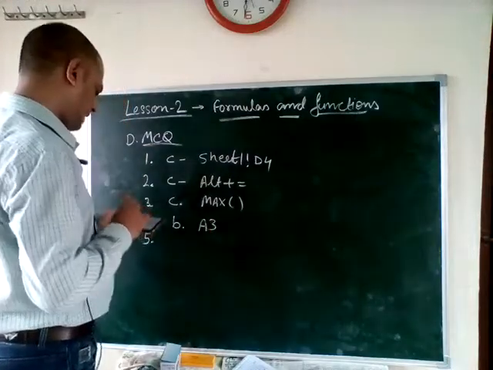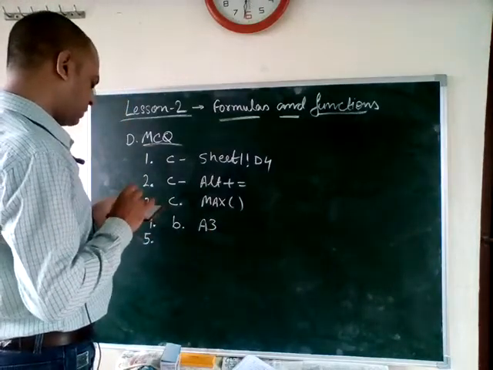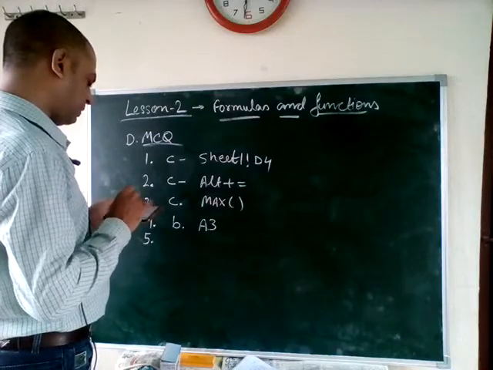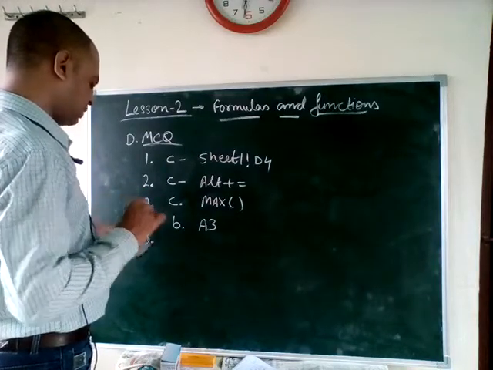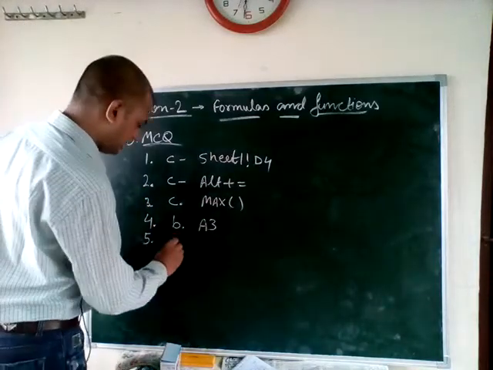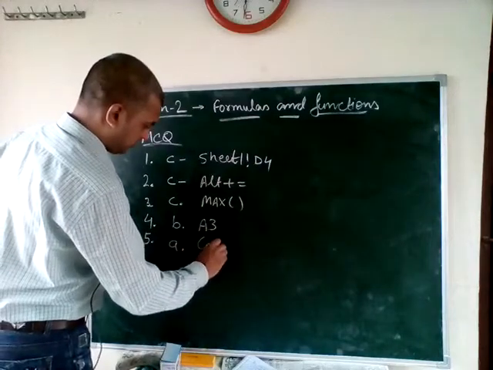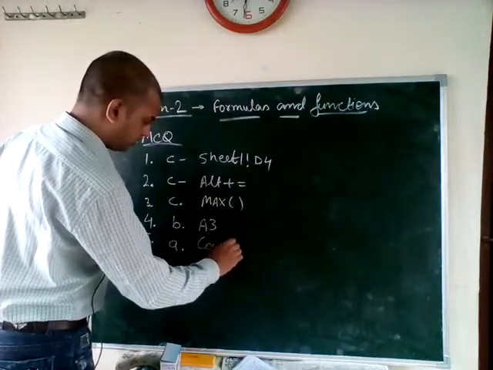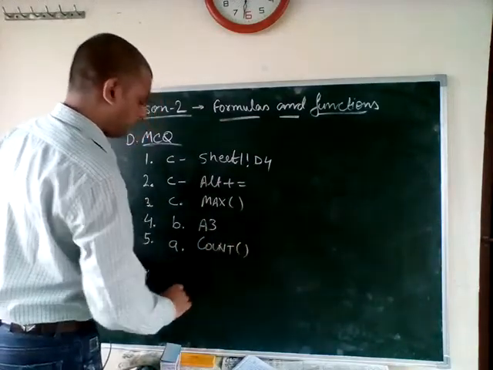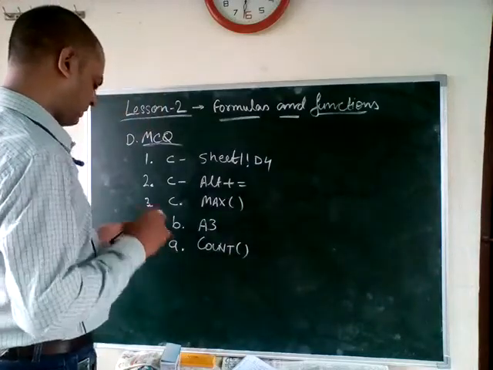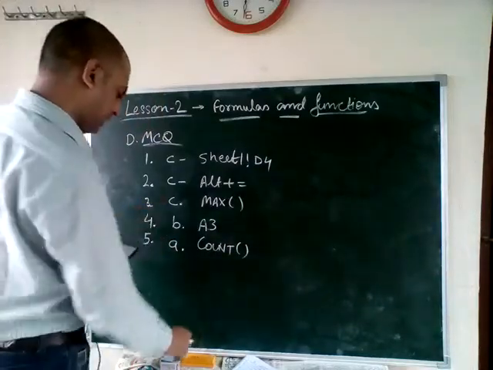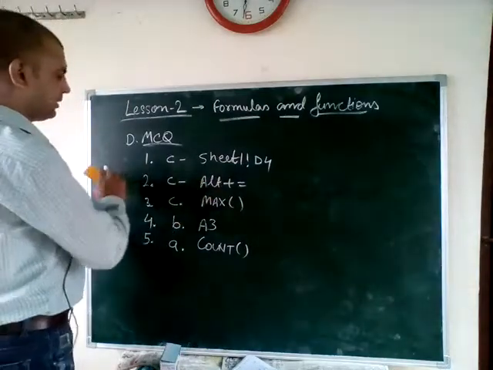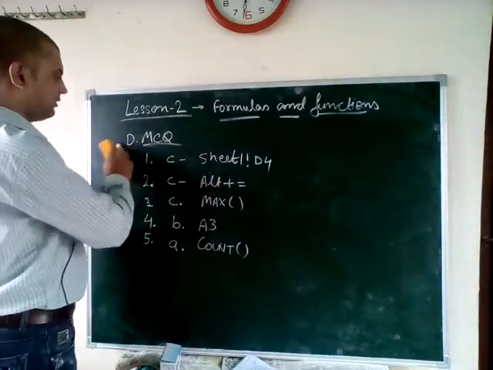Number 5, which function is used to count the number of numeric values in the range? So count function is there, this is A option. Now after this multiple choice question, 5 questions are there, 5 answers we have solved.